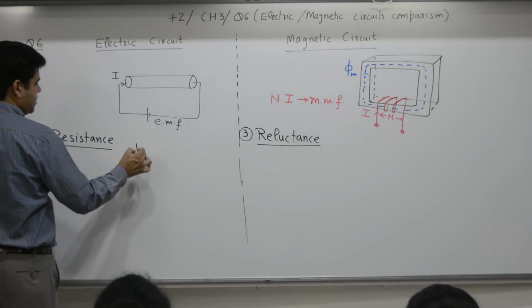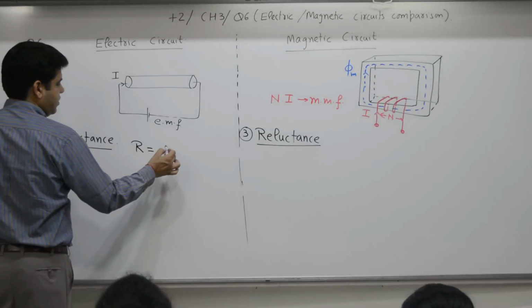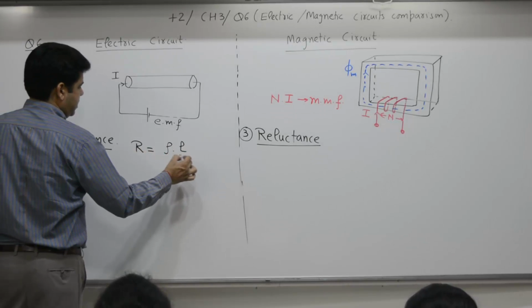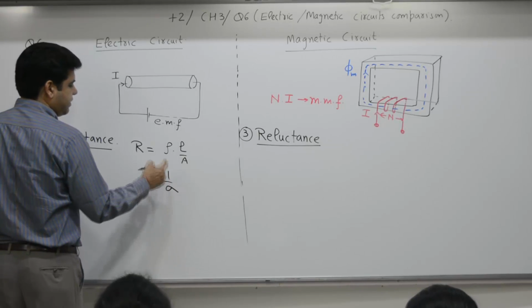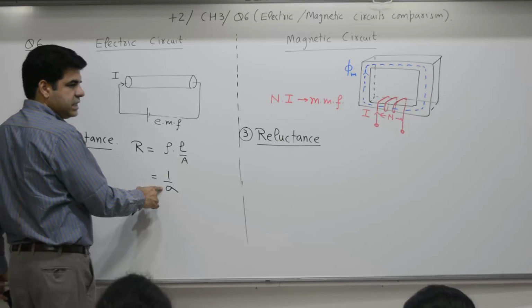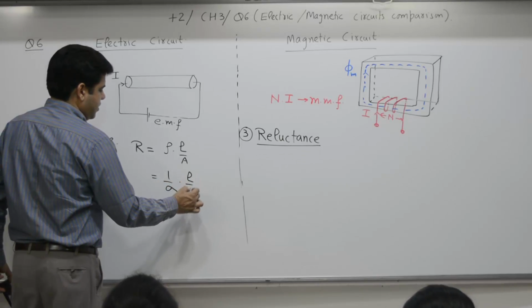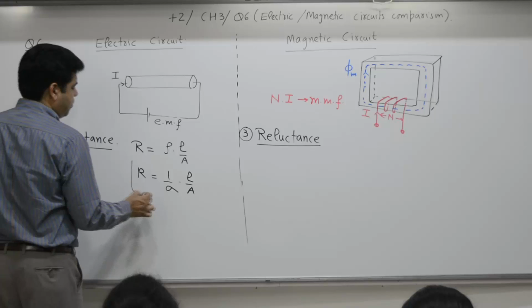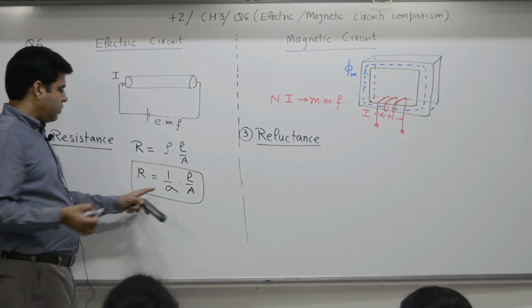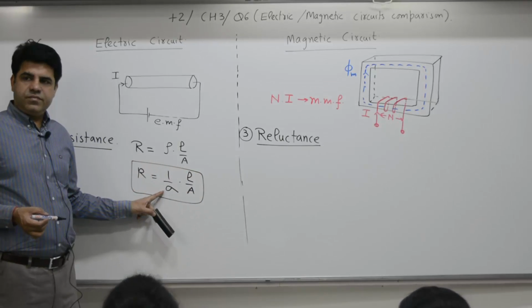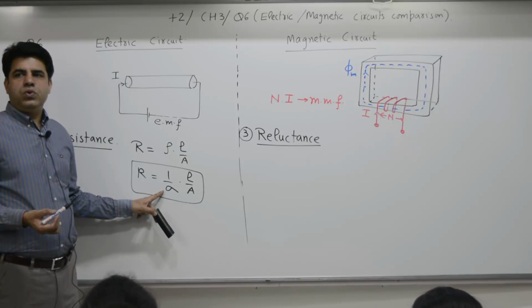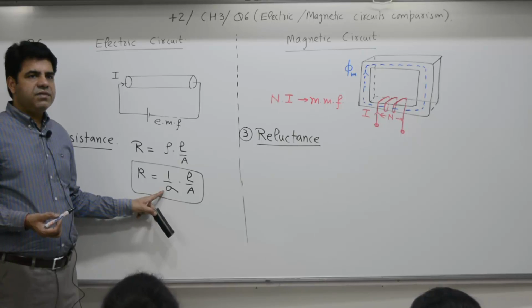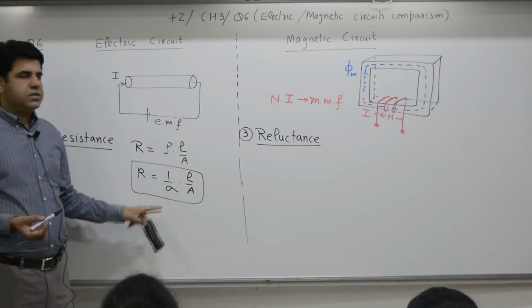What was resistance? Resistivity, length by area. It is also written as 1 by conductivity. Reciprocal of resistivity is conductivity. Copper, material property, conductivity is high. Plastic, wood, paper, conductivity is low. So those materials having high conductivity are termed as conductors, and low conductivity are termed as insulators.